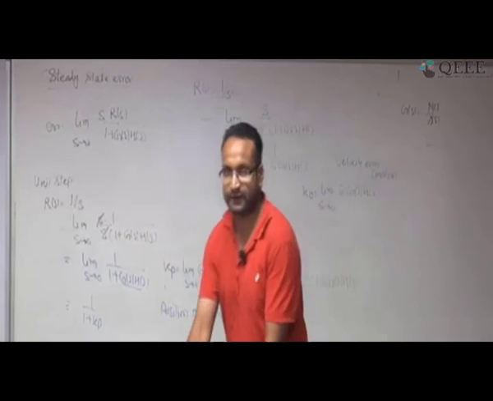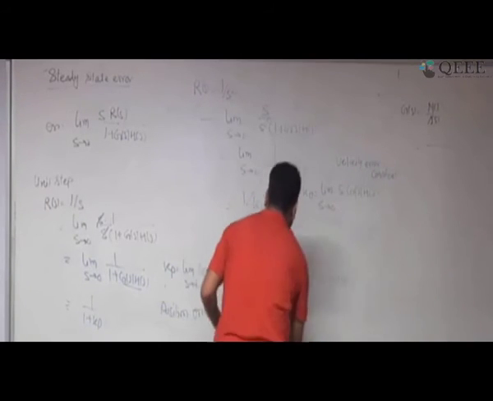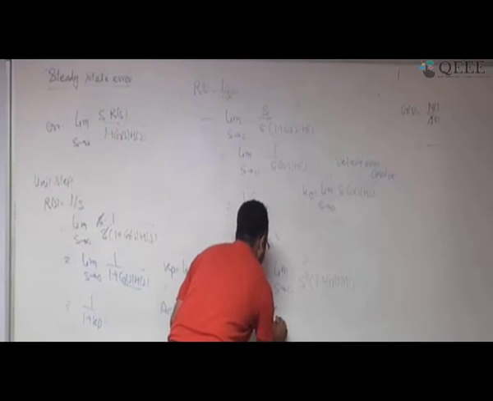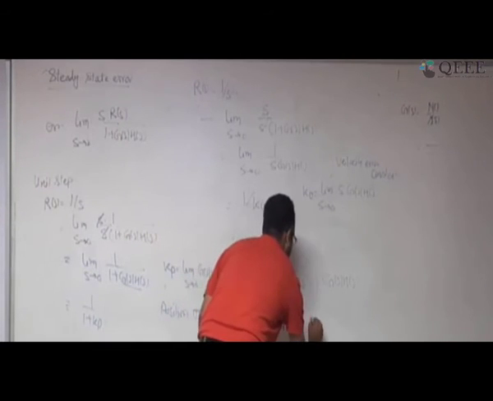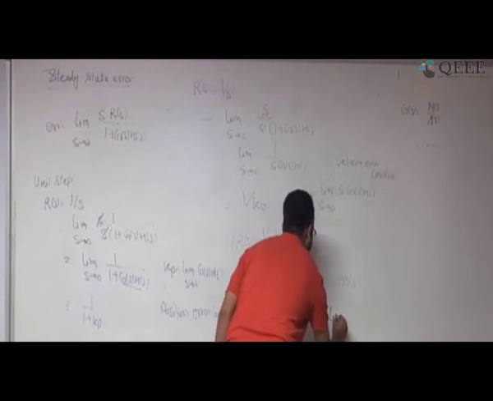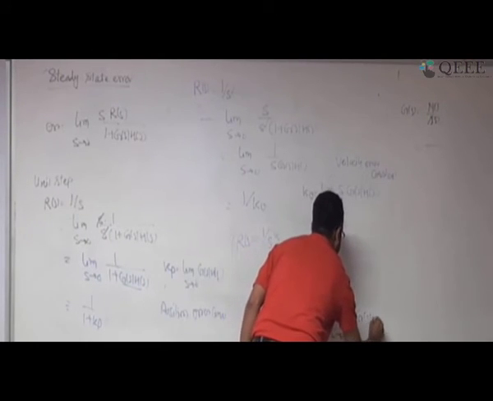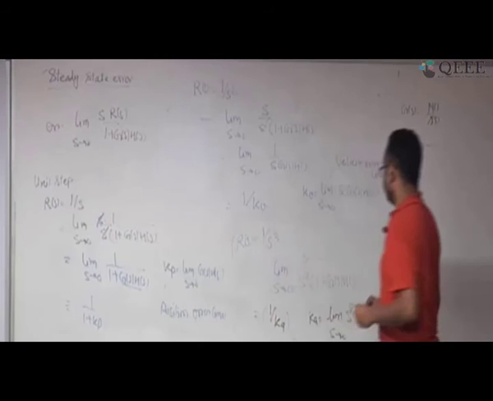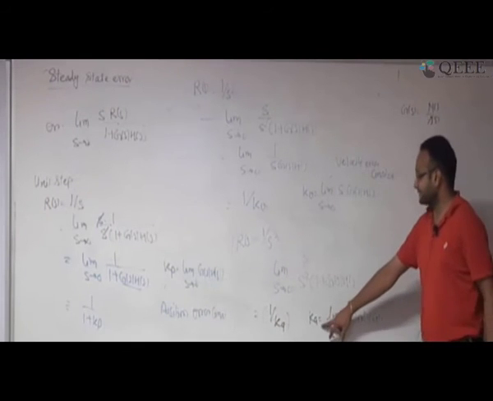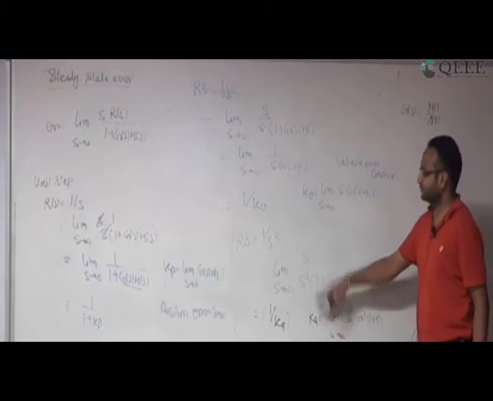If you write it further, it is going to be 1 divided by Ka, where Ka is limit s tends to 0 of s square G(s)H(s). This is known as the acceleration error constant. So this is what you got.